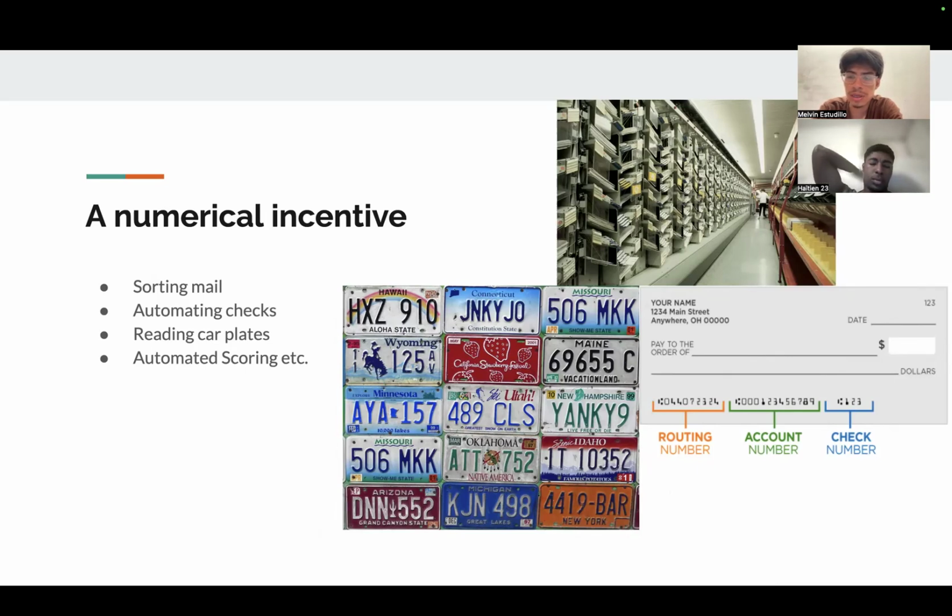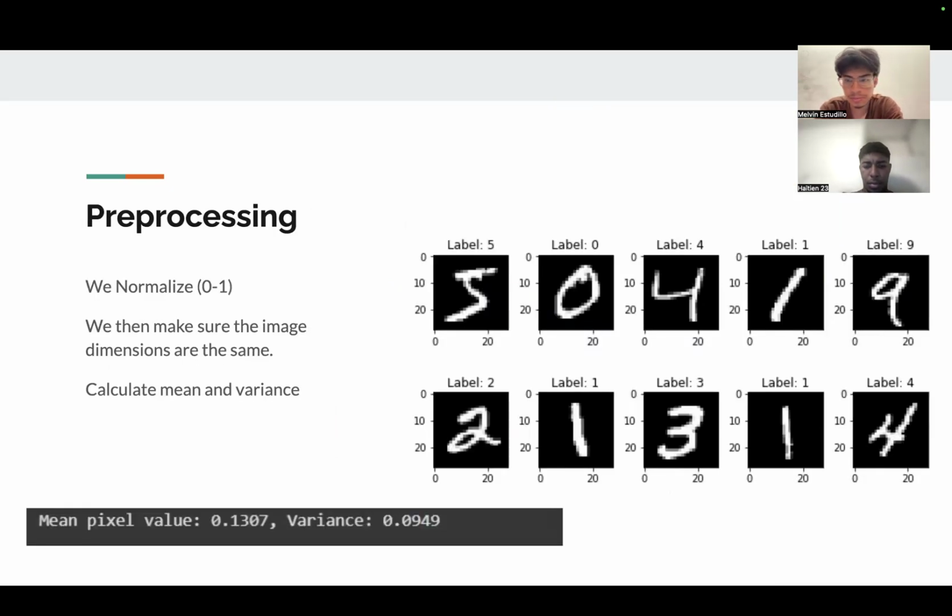It also helps when automating check deposits, like when you deposit a check via your phone or any device; you might use a CNN to scan the numbers that are there. It's a really good way to automate many things we don't realize could be automated. And so our goal is to create something that can pick up on numbers and classify them.